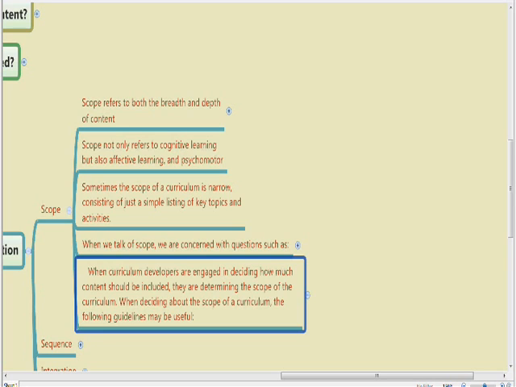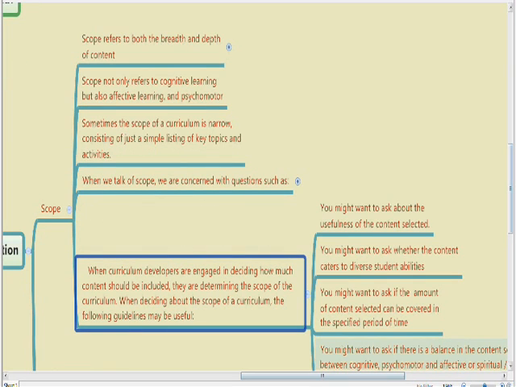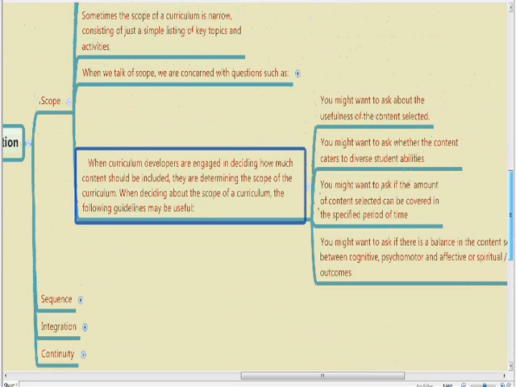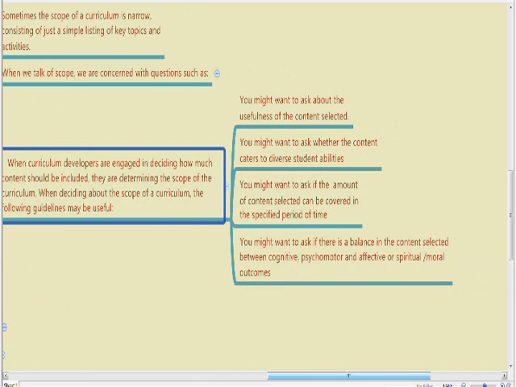When deciding the scope of the curriculum, the following guidelines may be useful. The first thing is you might want to ask about the usefulness of the content selected. This happens all the time in my area, mathematics, because there's a whole bunch of ideas, and the question is, what do you want to include?